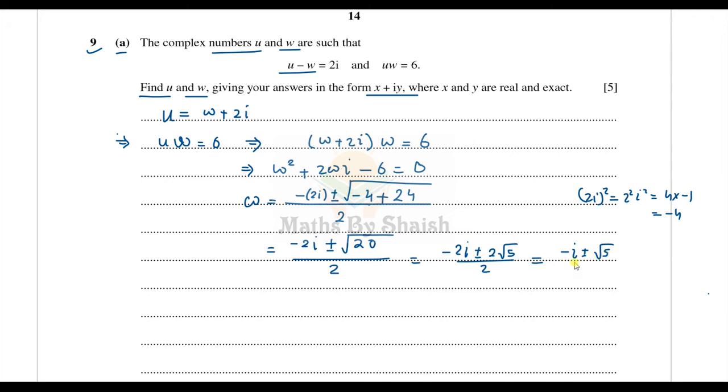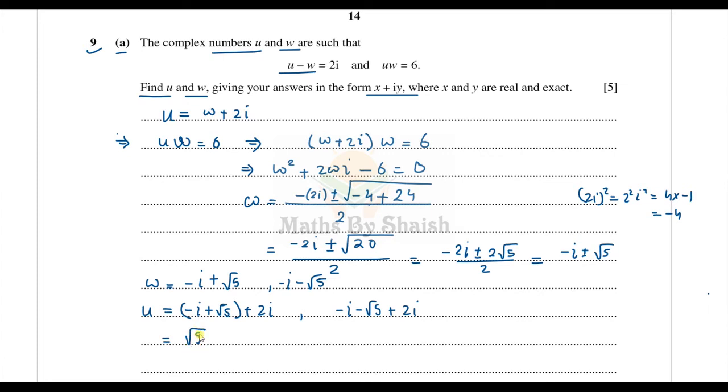which can also be written as minus iota plus minus root 5, and hence w is equal to either minus iota plus root 5 or minus iota minus root 5. So we got two values for w, and hence u will be minus iota plus root 5 plus 2 iota, and another is minus iota minus root 5 plus 2 iota, which can be written as 2 iota minus iota.